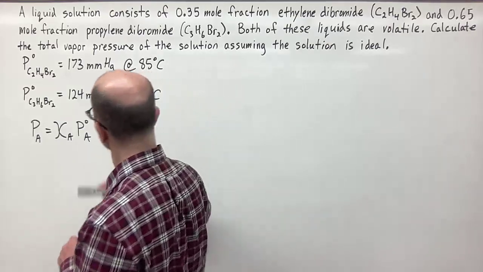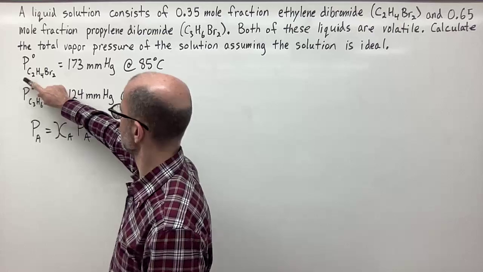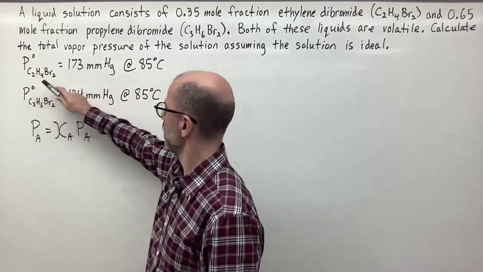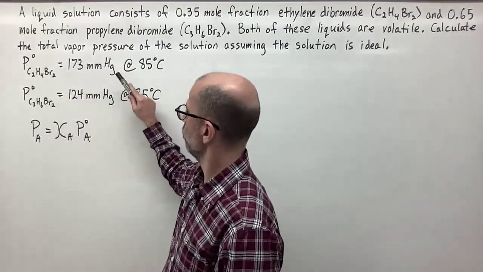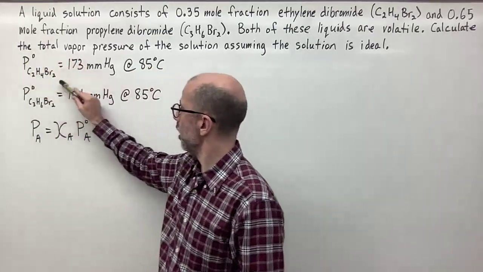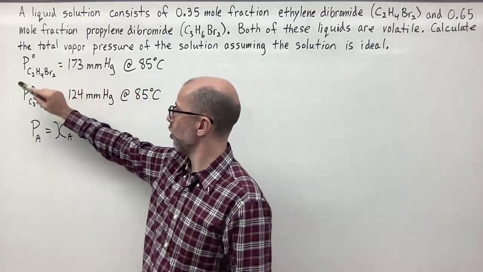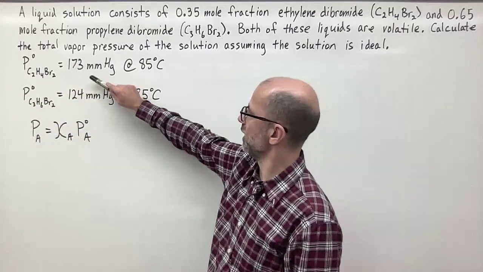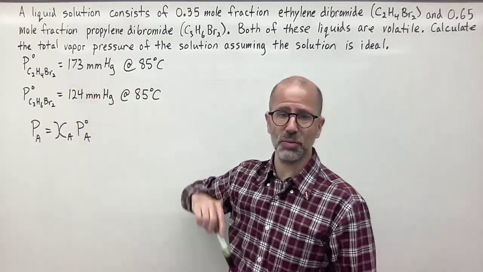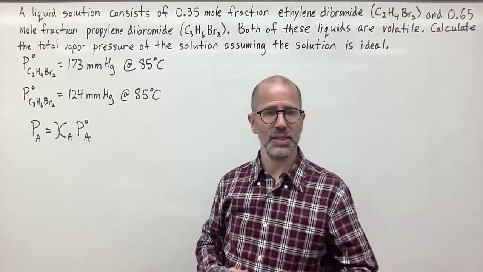So for our first substance, the ethylene dibromide, we're given that the vapor pressure of the pure ethylene dibromide is 173 millimeters of mercury at 85 degrees Celsius.